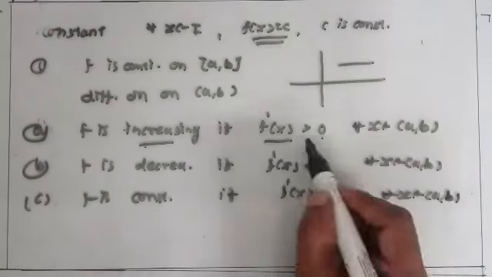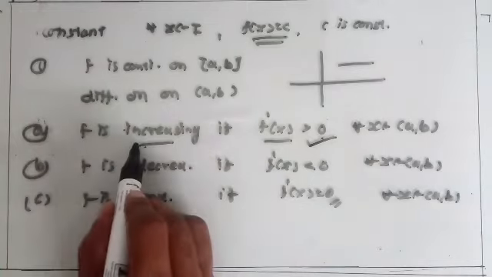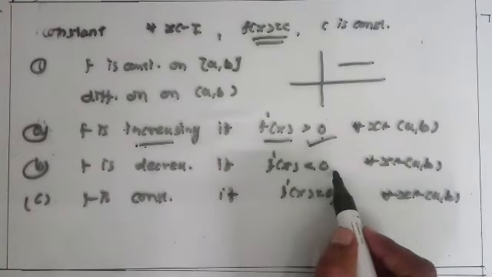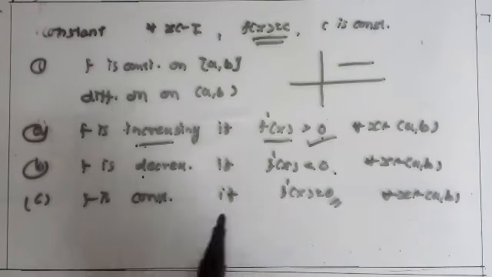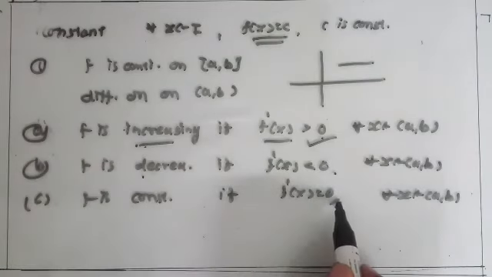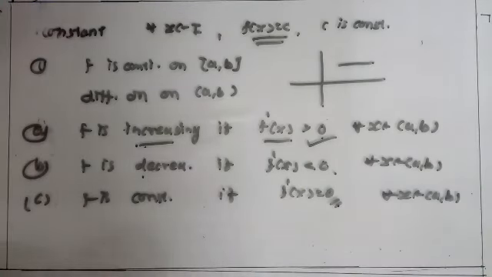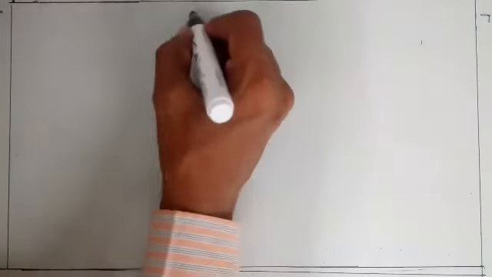So first derivative greater than 0, the function is increasing; first derivative less than 0, the function is decreasing; and first derivative equal to 0, the function is constant. Okay? Now here we solve some questions of exercise 6.2.